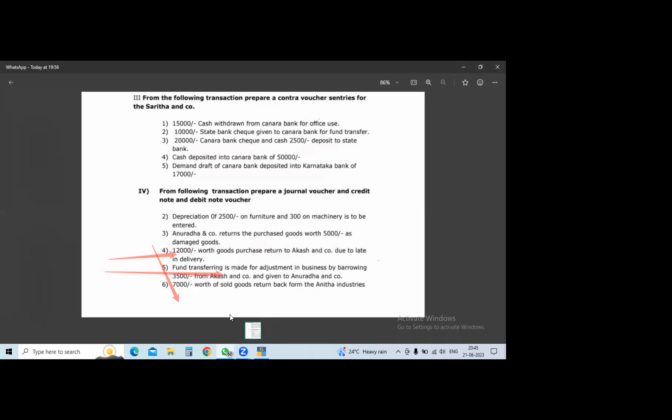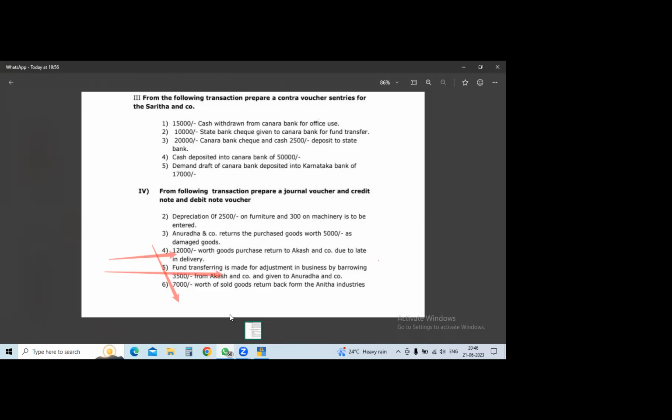Take the company name as assignment 1. In that assignment 1, I have given 4 different types of transactions. All 4 transactions, enter in the same company.